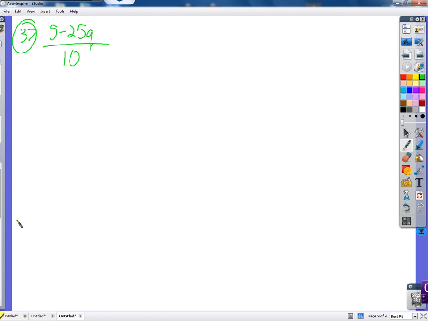Cross something out, prove that you can by writing, showing that it's a factor in the numerator as well.